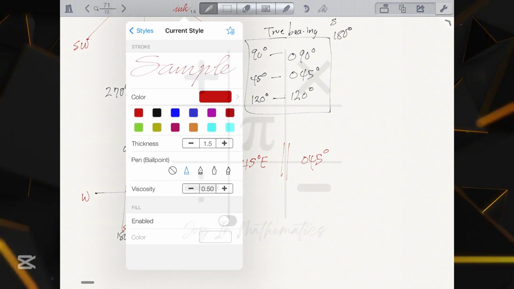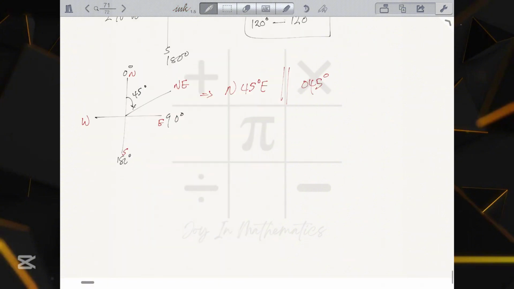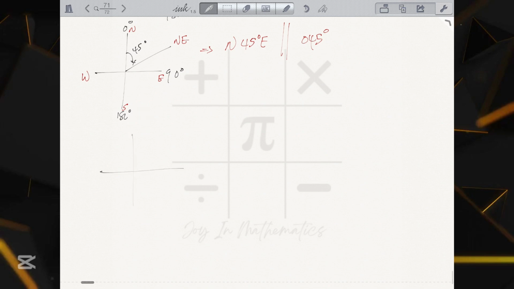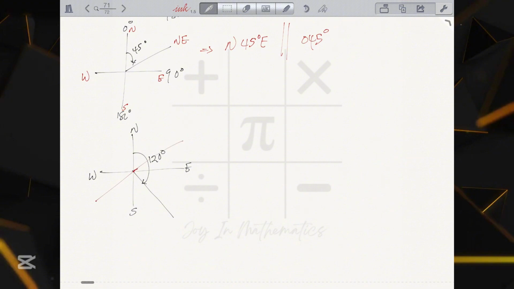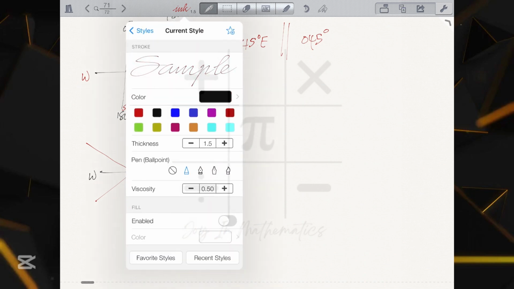Let's take another example. We have a bearing representing maybe 120 degrees, from the north to the south, to the east to the west, and we understand that this direction will give us the northeast, likewise this would give us the southeast. So we can measure the angle here.